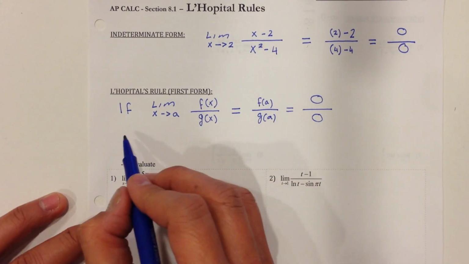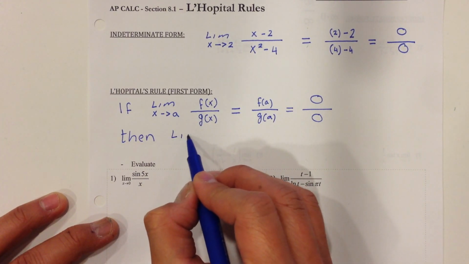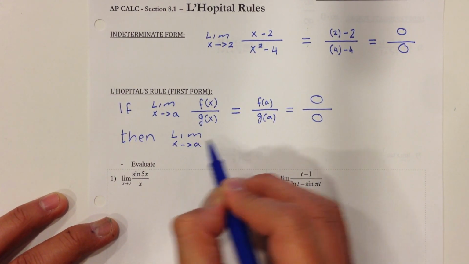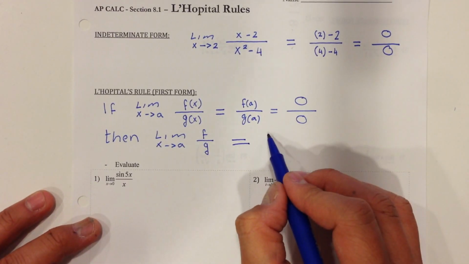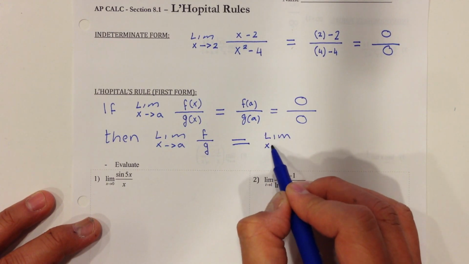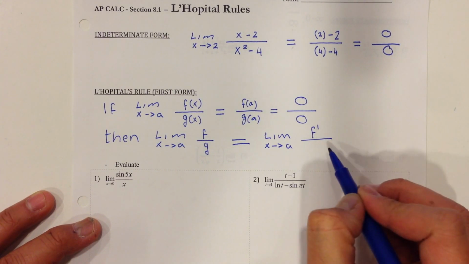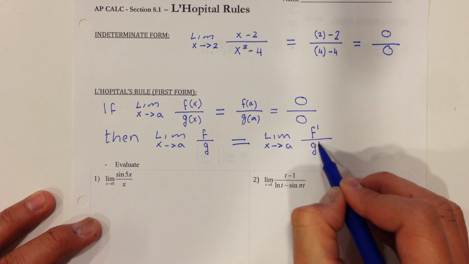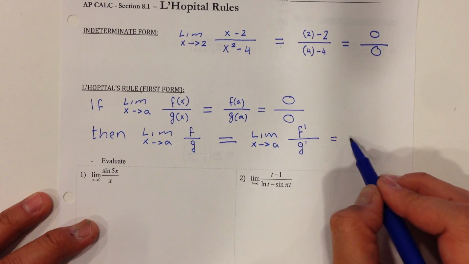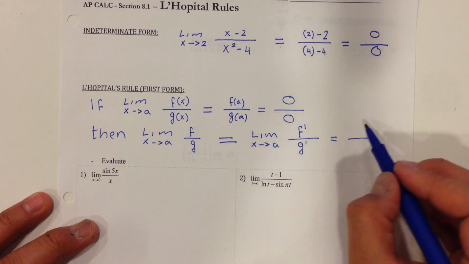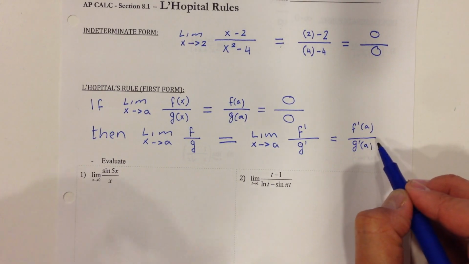In that case, he said that limit will be equal to the limit of the derivative of f over the derivative of g. And then all you have to do is plug a in for f, and then plug a in for g to find your answer.